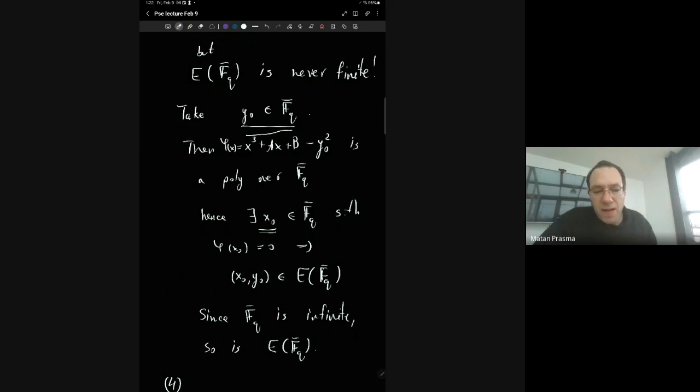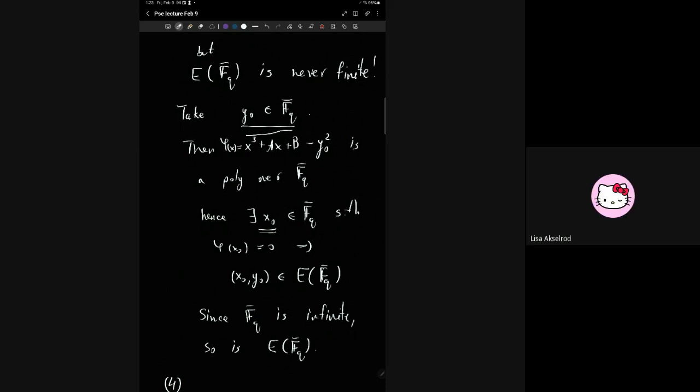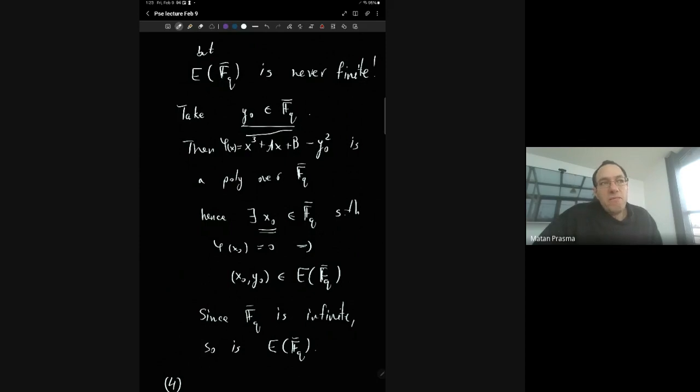But if you then take x0, y0, they constitute a K-rational point, I mean, an Fq bar rational point. All right, this makes sense. And I can do it for any y0. I can find x0 such that (x0, y0) is an Fq bar rational point.